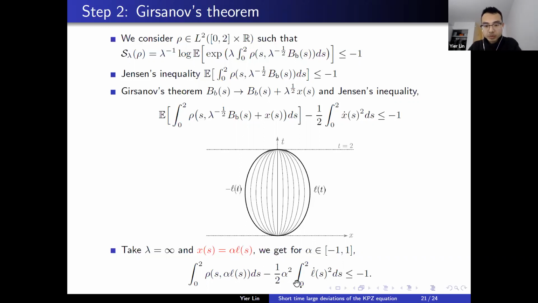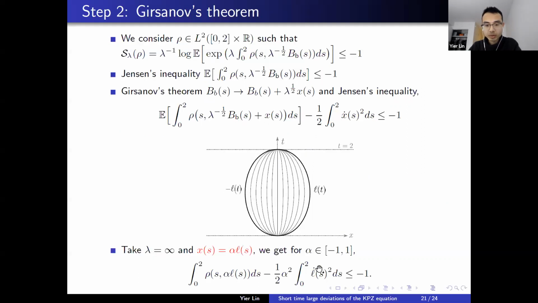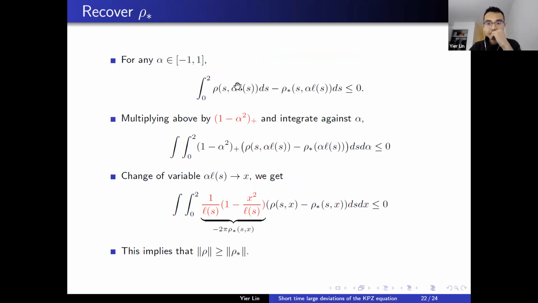This is because, remember, we have this equation. When you replace x by any one of the geodesics, the integral will be -1. If you replace the integral of x dot squared by this rho star, you will see that the integral of rho minus rho star, integrated along any one of the geodesics parameterized by alpha, is smaller than or equal to 0.